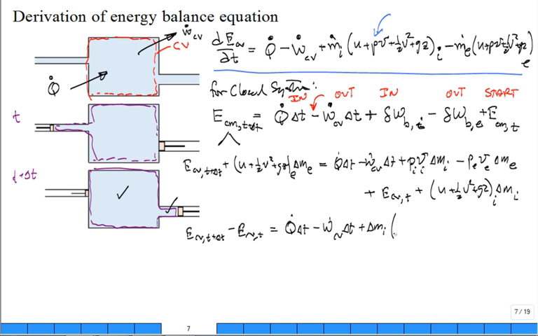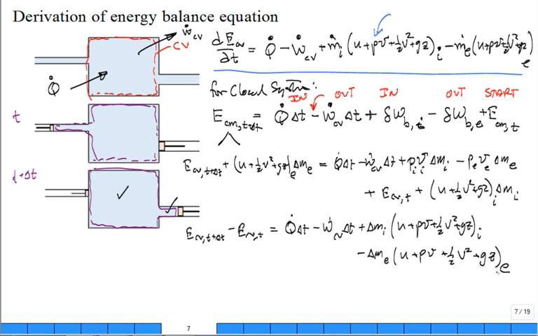Well, that's going to be u plus Pv plus 1/2 V squared plus gz, all on the in, minus everything multiplying the mass exit, that's u exit plus pressure exit times specific volume exit, plus 1/2 the velocity exit squared, plus g elevation exit. That's all those terms in there, exit. Let me pause. Did I mess up the math, or are we okay?